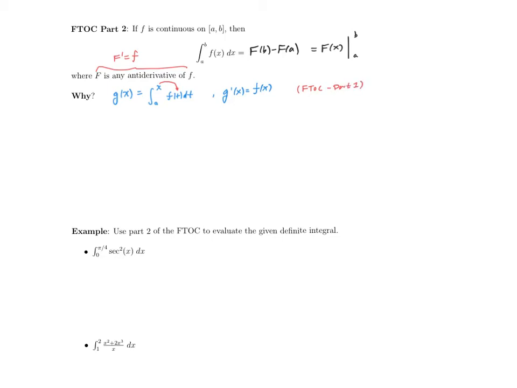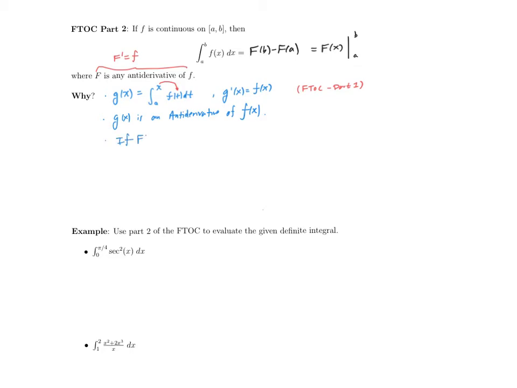And the reason I write this down is g of x is an antiderivative of little f. So note g of x is an antiderivative of f of x. So let's suppose that we have another one.